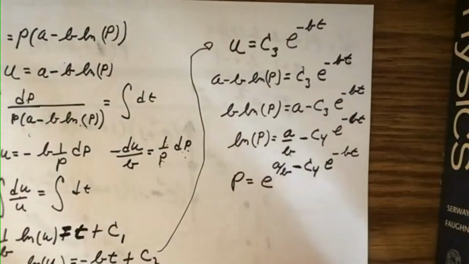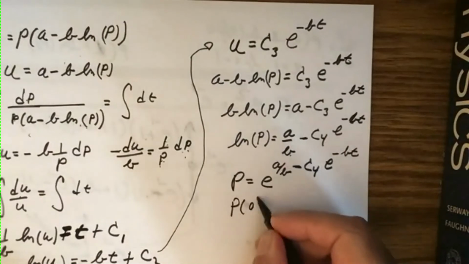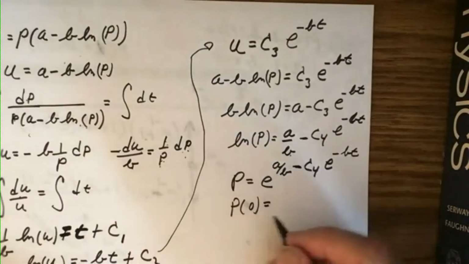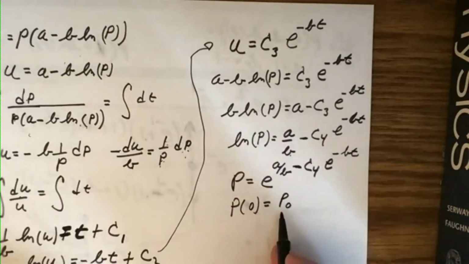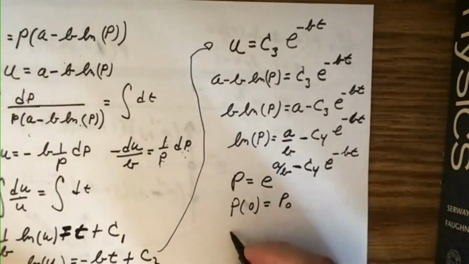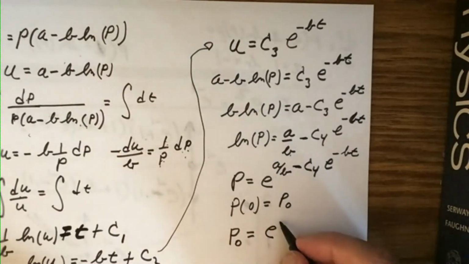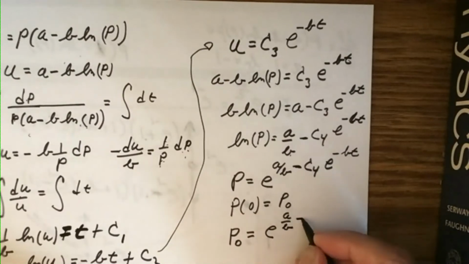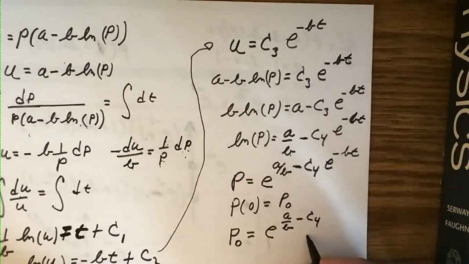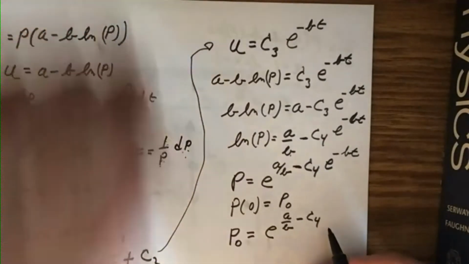Okay, so now I just have to put in that P0, when t is equal to 0, we get P0. So I put in that initial condition. So this means that P0 is going to be equal to e to the a over b minus C4. So now I have to solve this for C. I kept on changing the letter just to show you that I'm changing the constant.